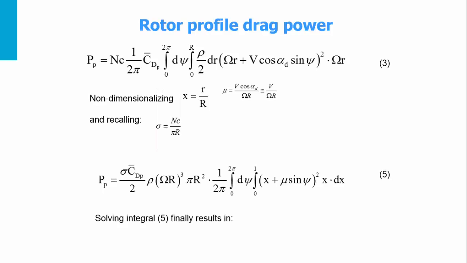Now, substituting in the profile drag power integral the definition of the advance ratio, using the non-dimensionalized notation for the rotor radius, x, and recalling the blade solidity, sigma, it results in an integral on x which can be easily integrated.